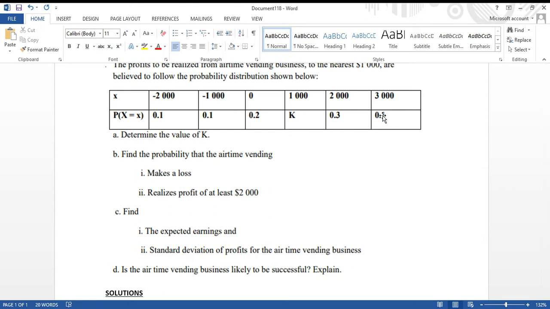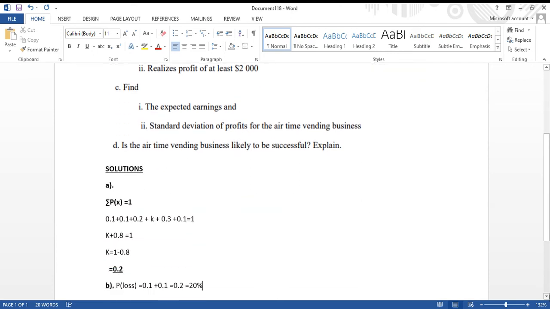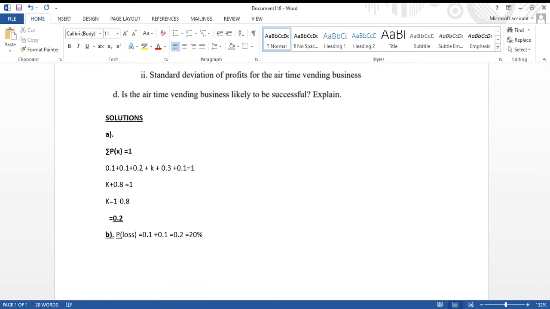Are we okay with that? The probability that they make a profit of at least 2,000, you put the greater than or equal sign.